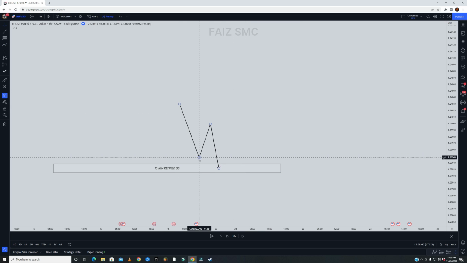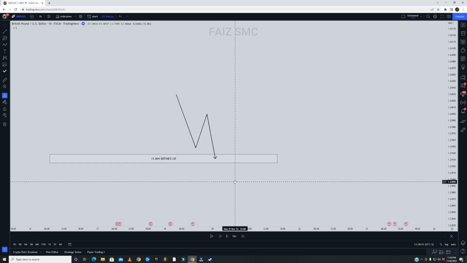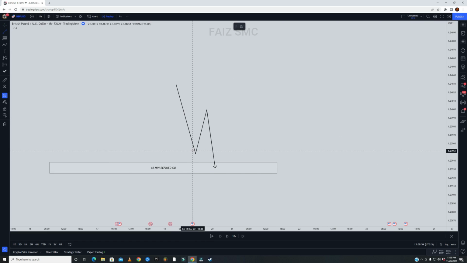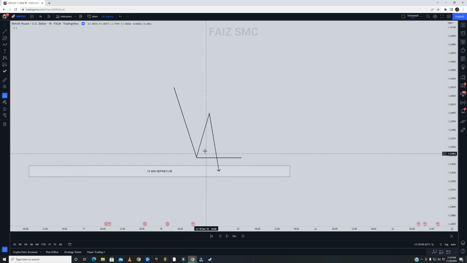So we have the A, B, C. The C leg goes into our refined POI. Okay? And the theory behind this is that we take out this liquidity, or you could call it inducement as well, right? So we have a turtle soup or ABC pattern, and the C leg, the last leg, after inducement. So we have A, B, C. The C leg goes into our 15-minute refined order block.